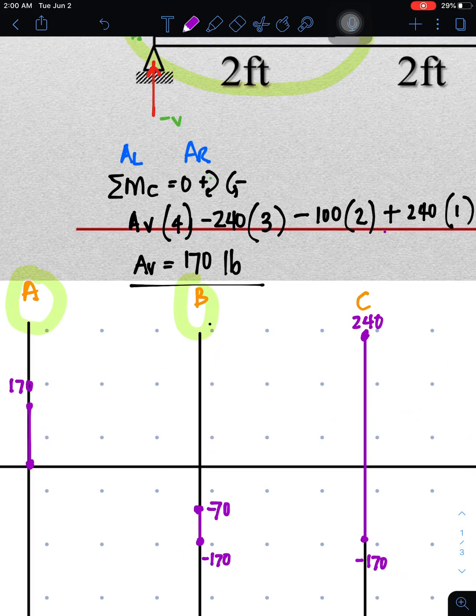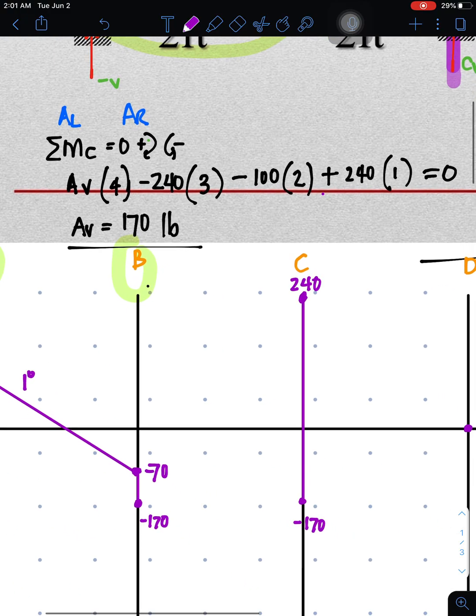So we connect 170 and negative 70 with a first degree line.